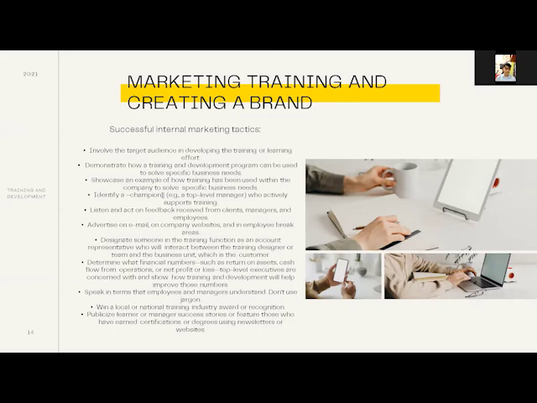And the most common traits: a person must be sociable, easy to connect with the people, easy to communicate with the people, and must listen and act on feedback received from clients, managers, and employees.